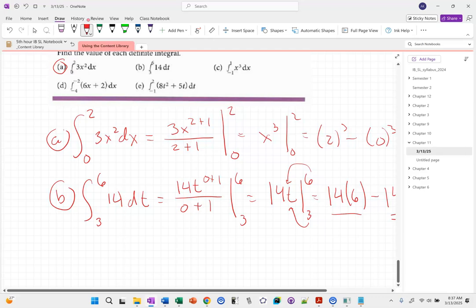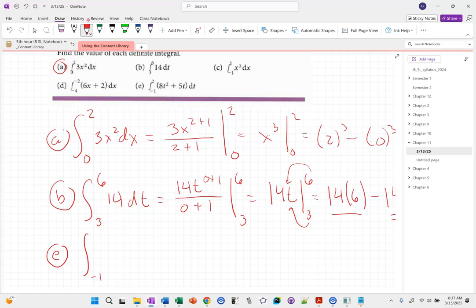Let's do one more, and then I'll show you how to do this on our calculator. Okay, so again, I do my antiderivative.